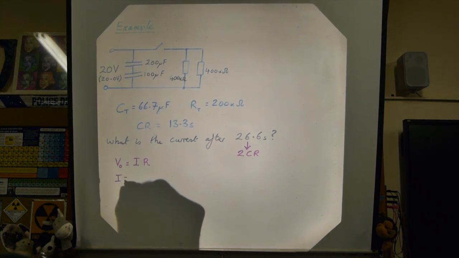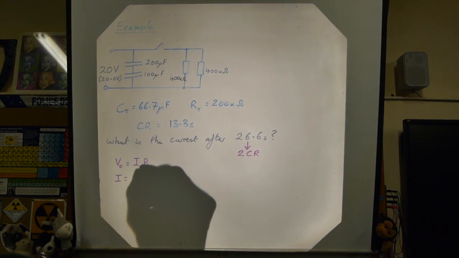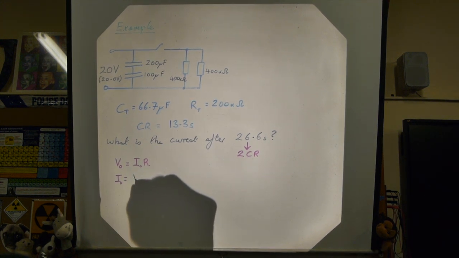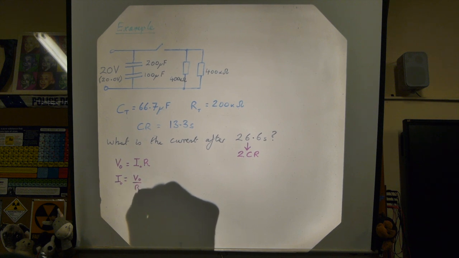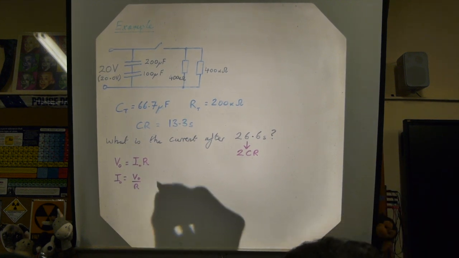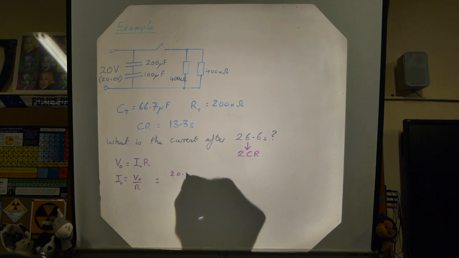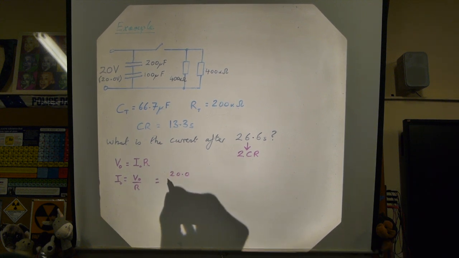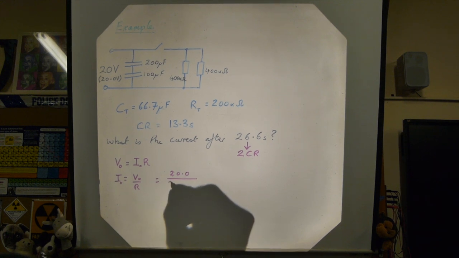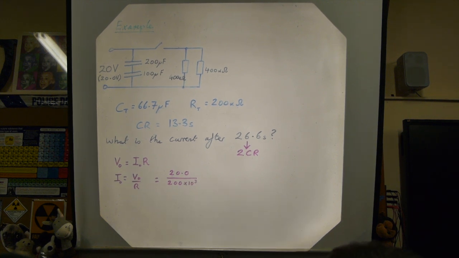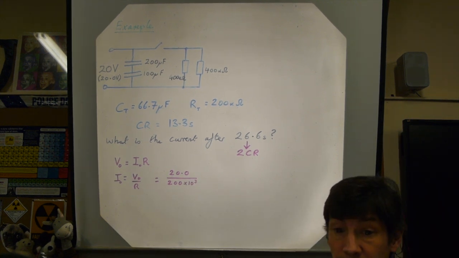So I, the initial current, will be V0 over R. So V0 is 20.0 and R is our 200 kilo ohms, 200 times 10 to the 3.